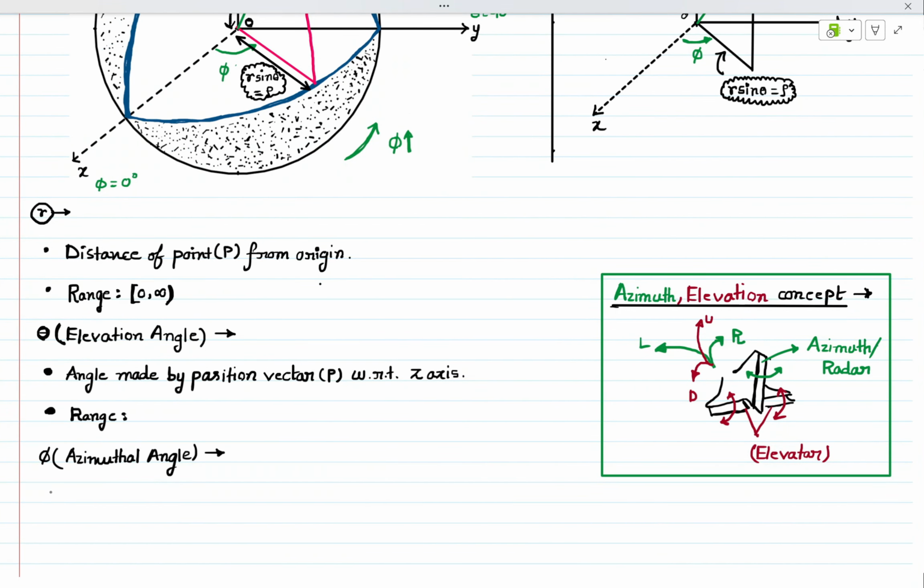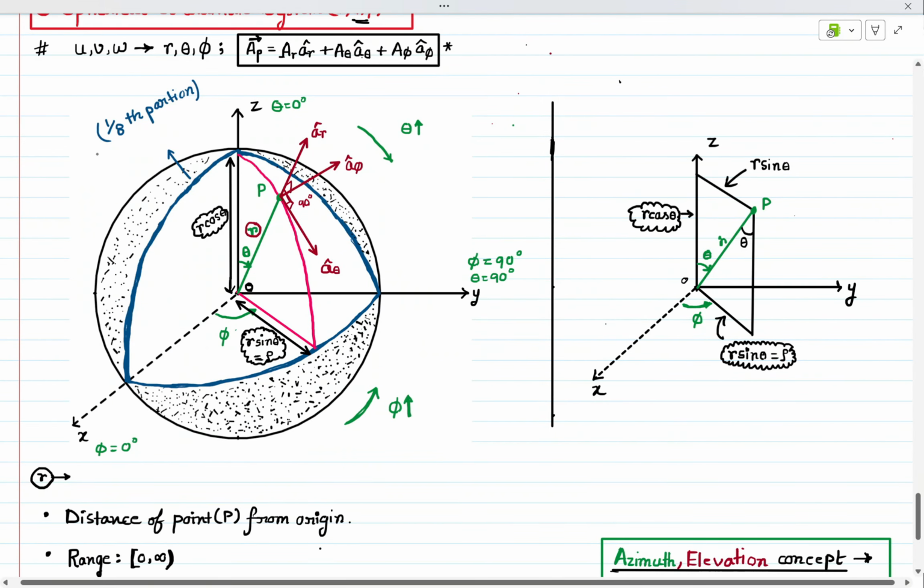Now, what is the actual definition of phi? This phi angle has been made in the xy plane with respect to the x-axis, right?